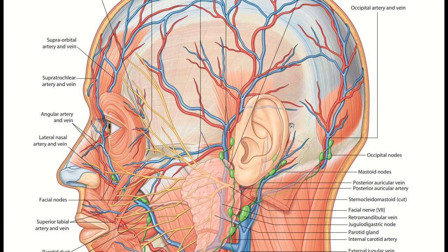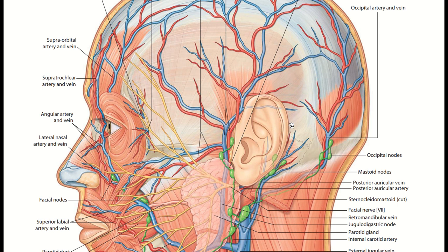So this is a beautiful diagram that can summarize the blood supply to the ear. It's very easy if you understand the branches coming from your external carotid artery, because these are the branches that supply the auricle.